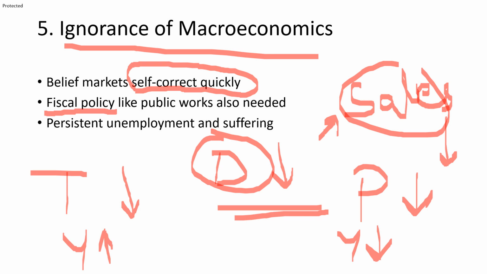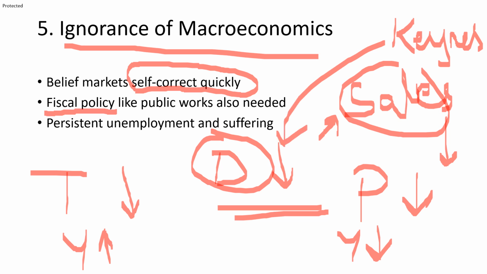And of course, soon after the Great Depression, Keynes basically provides solutions and addresses this issue of the effective demand, how to increase the demand through fiscal expenditures, and how that can help in the recovery and coming out of recession. So those are the causes of the Great Depression according to the book.